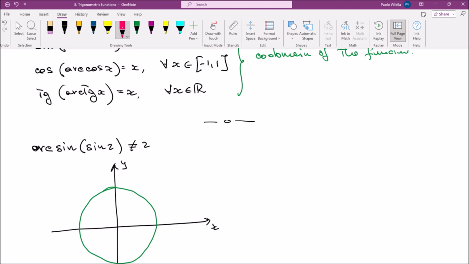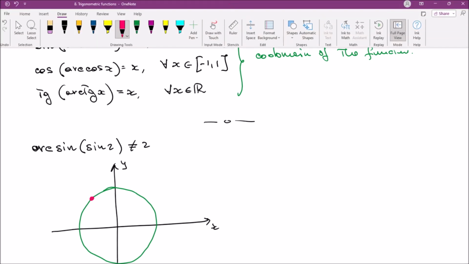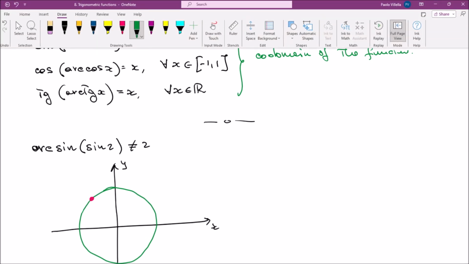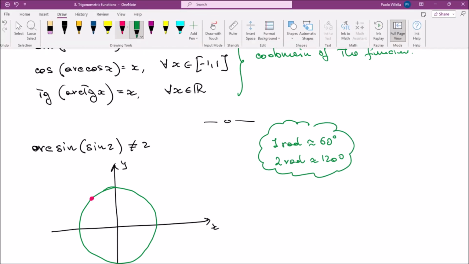What would be 2 radians? 2 radians will be somewhere here, because we know that, just as a note, 1 radian is almost 60 degrees. So we can say that basically 2 radians is almost 120 degrees, right? So it makes sense that this point represents 2 radians.